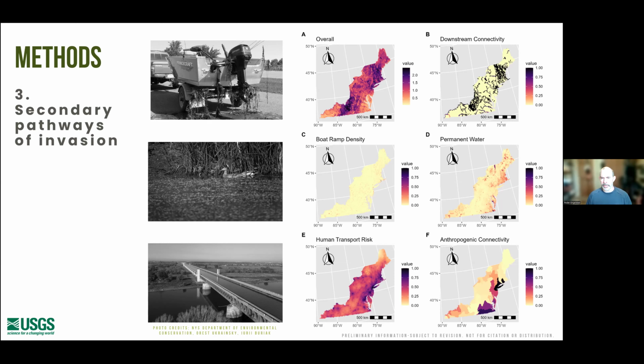So you can see boat ramp density, the number of boat ramps within a HUC 12, how much water is in a HUC 12, and E, which you can think of as something of a representation of population density, or how easy it is for humans to traverse the landscape. And anthropogenic connectivity is how many waterways we have crossing HUC boundaries. So all of these together get summed up into an overall composite score that is then normalized.